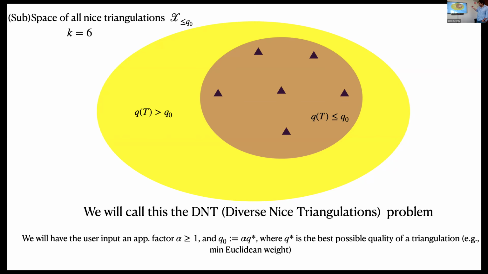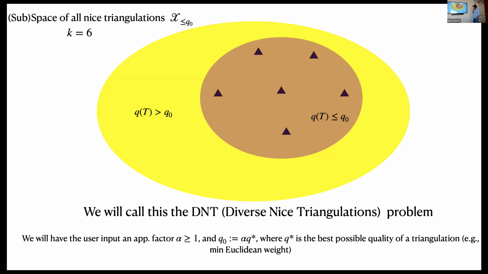Right now I made the subset just a connected space, but it's not necessary that it has to be connected. In the diverse and nice triangulations problem, all the reported triangulations must be inside this nice subset and as far apart as possible inside that nice subset. Any questions about the problem statement?